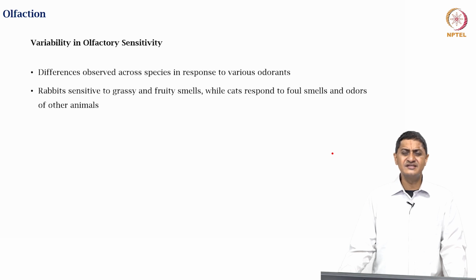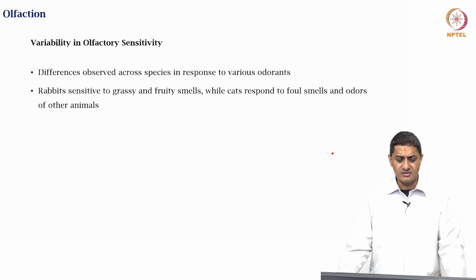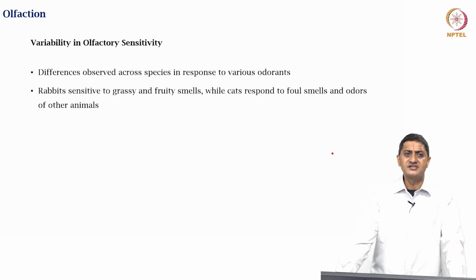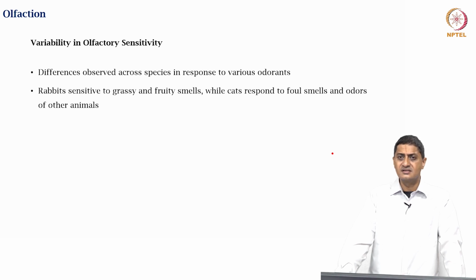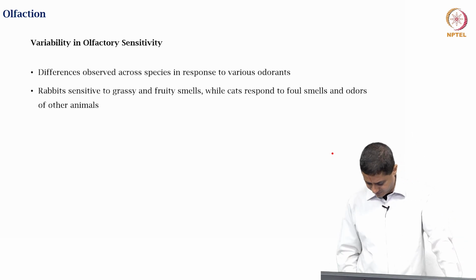That is, sensitivity of the olfactory system varied across species. Rabbits for example are sensitive to grassy and fruity smells, whereas cats respond to foul smells and odors of other animals. So, essentially these animals and their response to different odorants suggested what their behavior is in some broad sense.